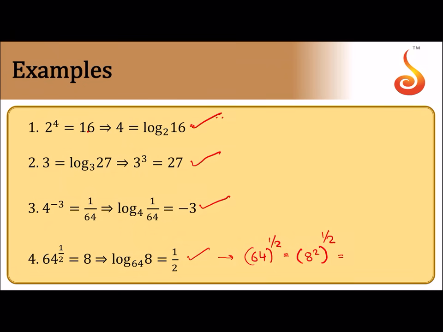I'll write reverse. 64 to the power 1 by 2 means square root. This can be written as 8 square to the power 1 by 2. 2 and 2 will cancel, you get 8.